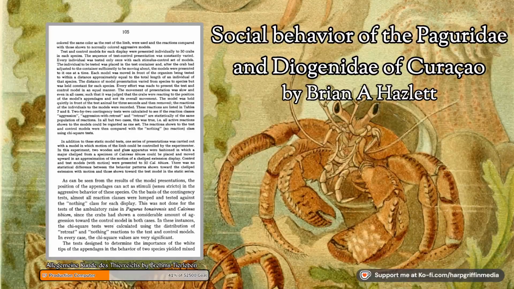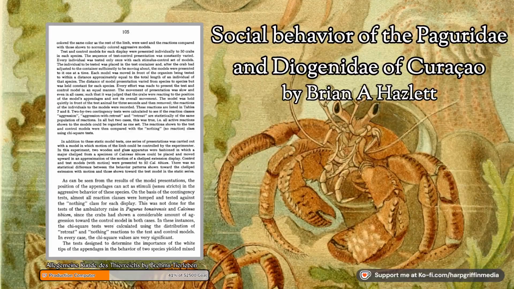The individual to be tested was placed in the test container, and, after the crab had adjusted to the container sufficiently to be moving about, the models were presented to it one at a time. Each model was moved in front of the organism being tested to within a distance approximately equal to the total length of an individual of that species.